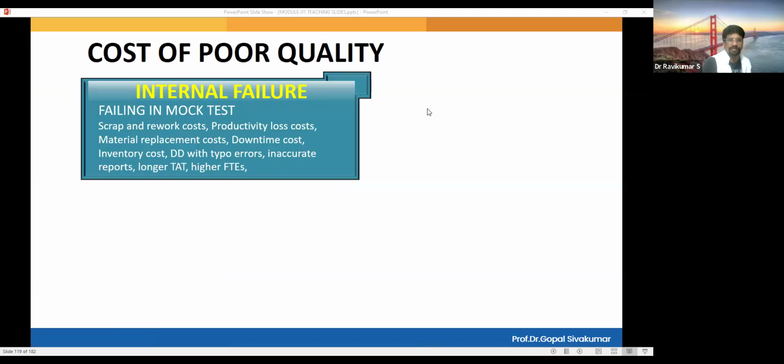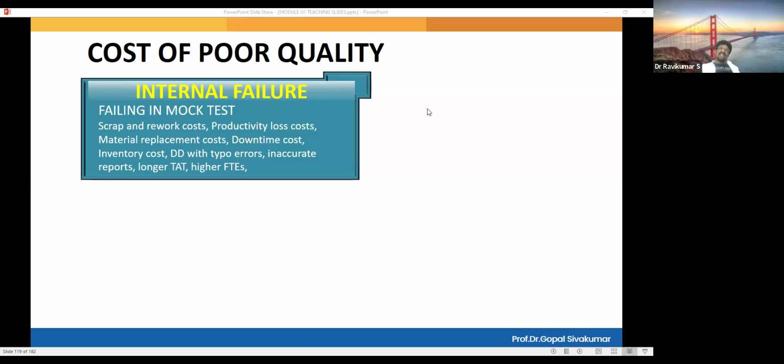A lot of internal failures can be identified. Suppose a bank staff makes a wrong demand draft, or writes some internal assessment reports in a wrong manner, which is identified by the manager. So many such internal failures can be identified.